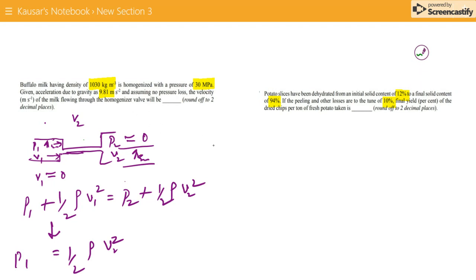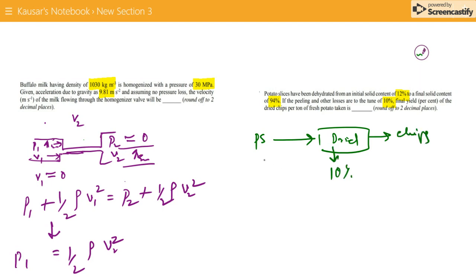Moving towards the next numerical, which is related to the mass balance. Here we have potato slices which are to be dried into chips, and there is 10% loss, and in the potatoes we have 12% solid content, and when we dry it, the chips will have 94% solid content.